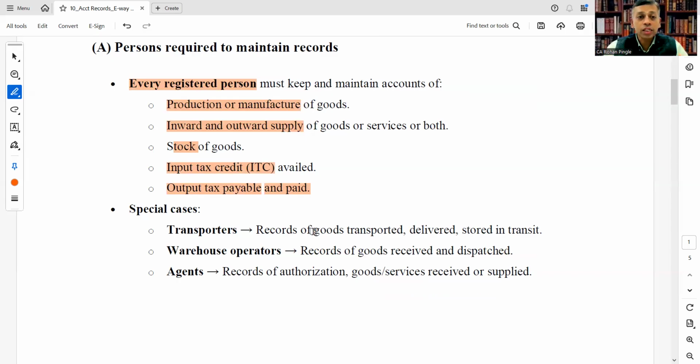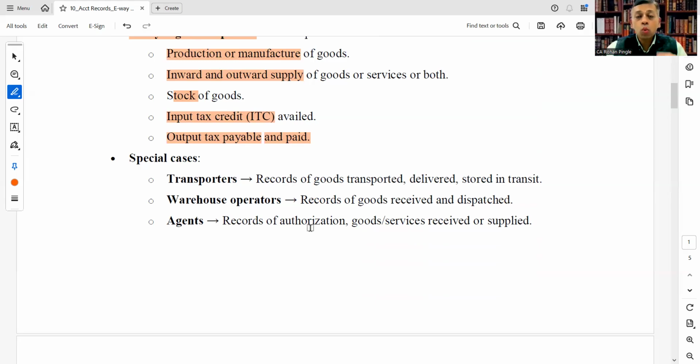Under special cases, transporters: what do transporters need to keep and maintain? Records of goods transported, delivered, and stored in transit.